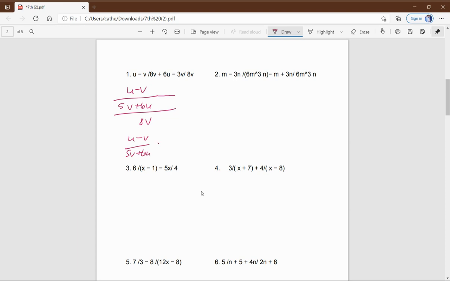You can times that by 8b. That would be equal to 8vu, and then minus 8b squared over 5b plus 6u.